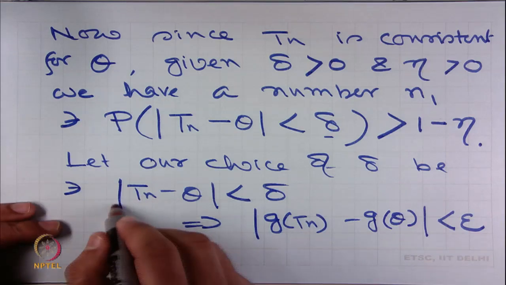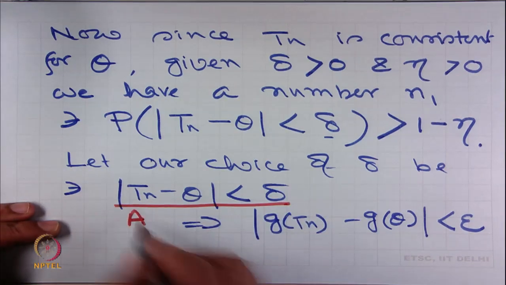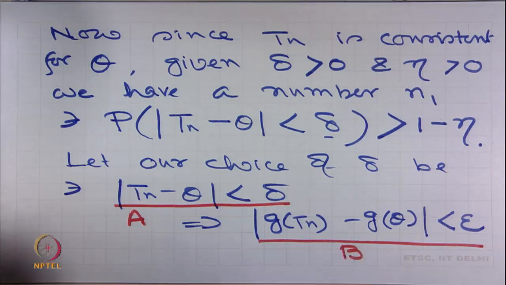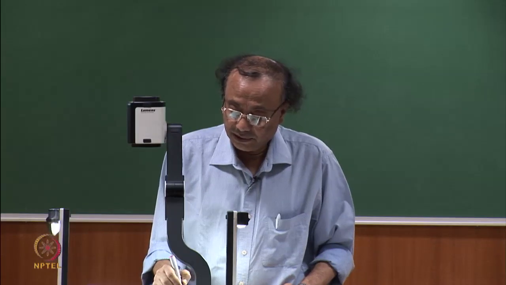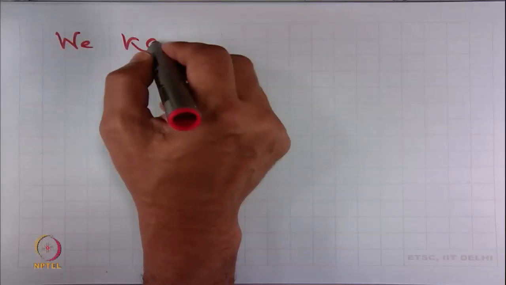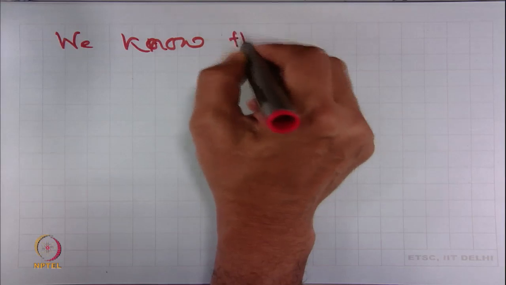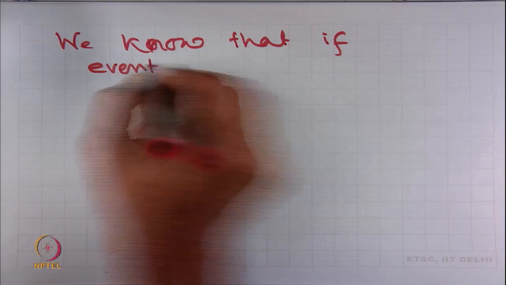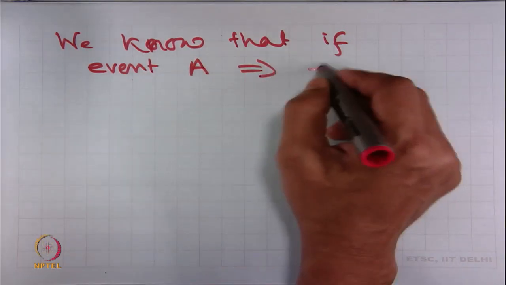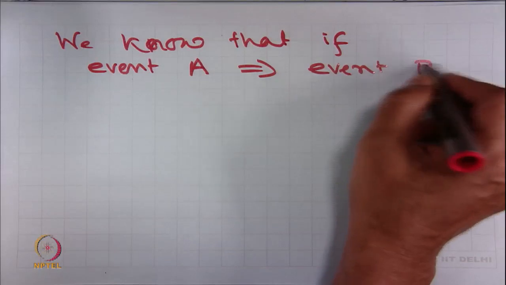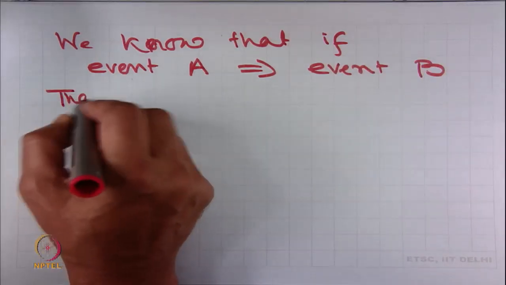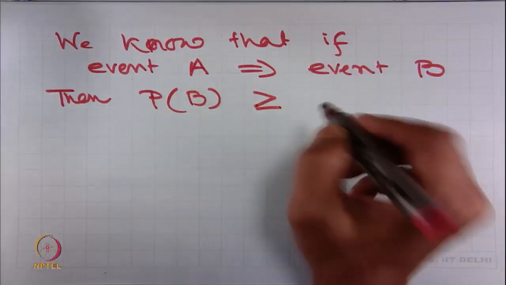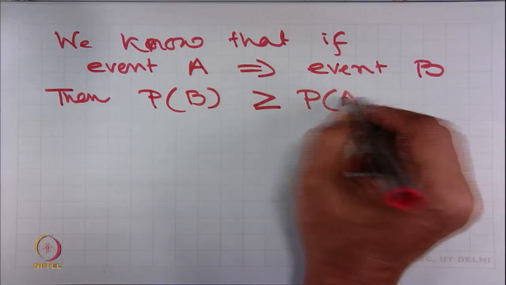So, let us call this event A and let us call this event B. We know that if event A implies event B, then probability of B is greater than or equal to probability of A.